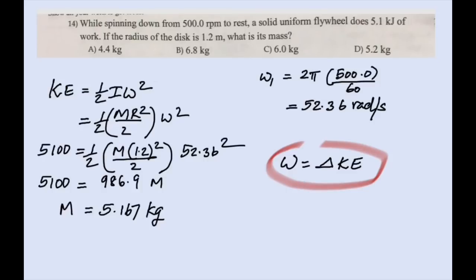Of course, initially we had to find omega by changing the RPM into RPS, which is the rotations per second, which becomes the frequency, and then multiplied with 2 pi. So you get that omega, which is what I've used here, and then set kinetic energy equal to that formula, plug it in, you get the mass. So the important thing here to remember was, although it's mentioned to be the work, it's actually the change in kinetic energy, or the kinetic energy.